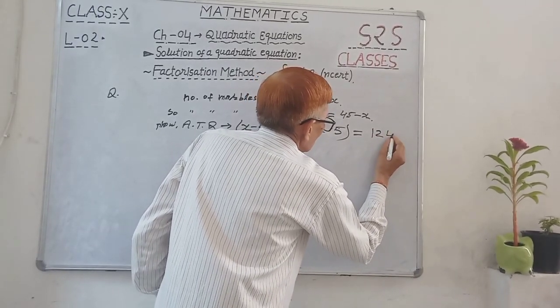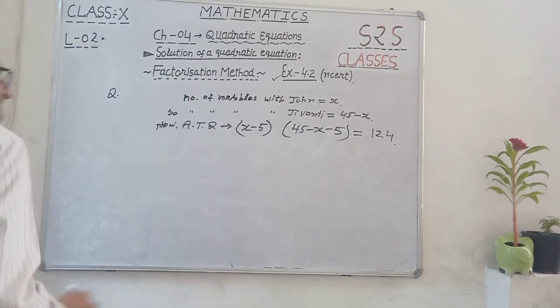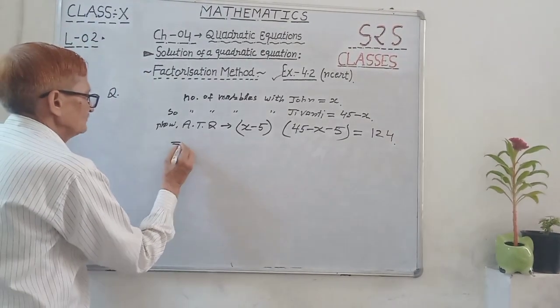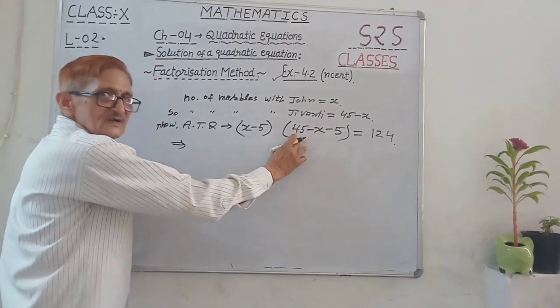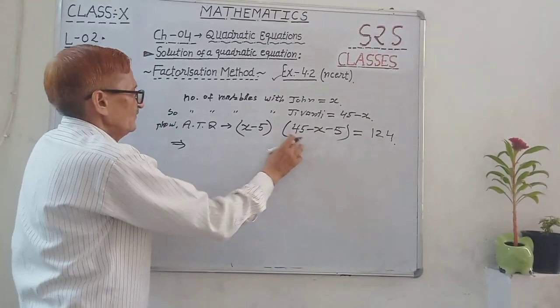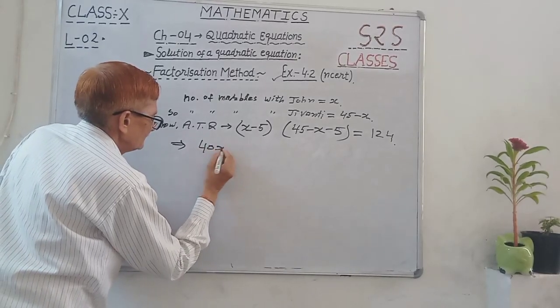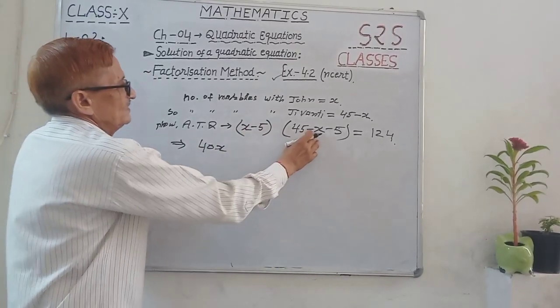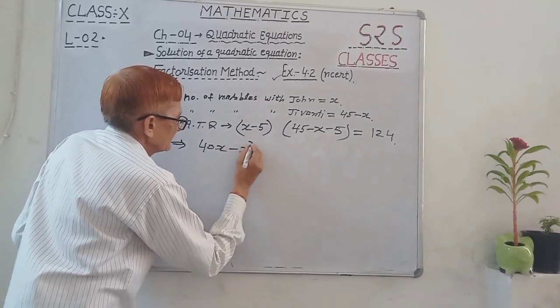According to the question, we have made this equation. Then we have to solve this. x into 45 minus x minus 5, that is 40, so 40 into x is 40x. Okay. x into minus x is minus x square.